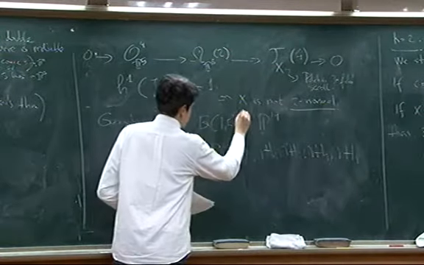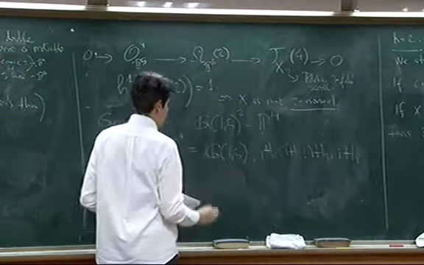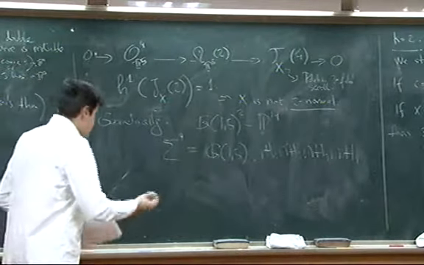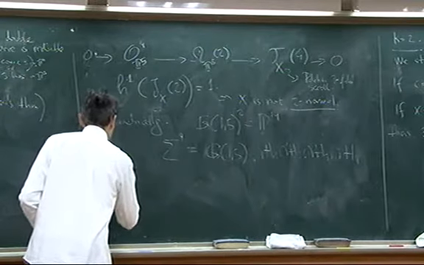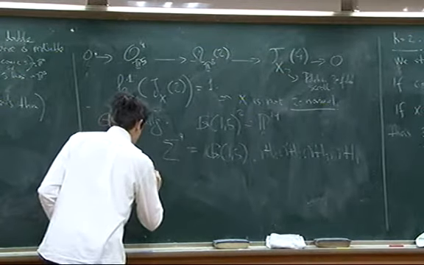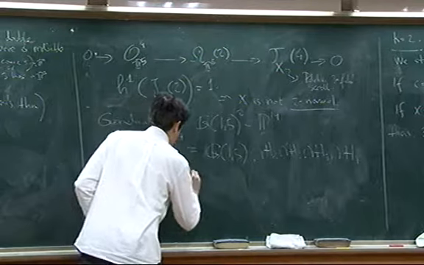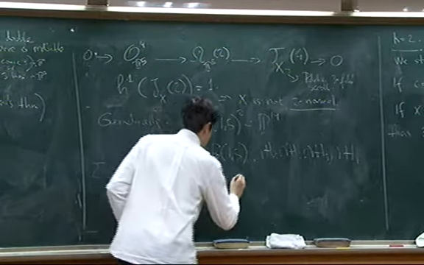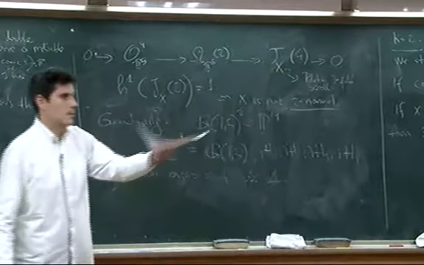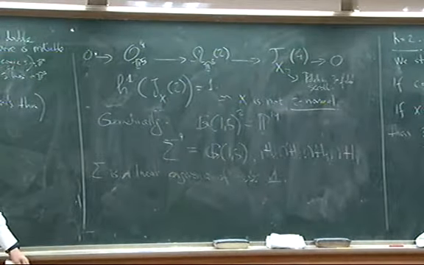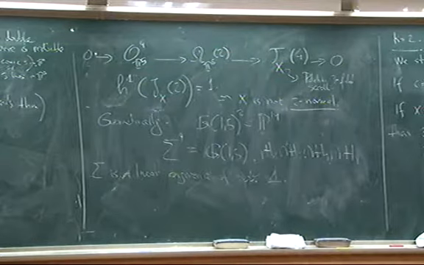So this is something of dimension 8, this is something of dimension 4. And once again, sigma is a linear congruence of order 1. Now you understand what I mean when I say linear congruences of order 1.